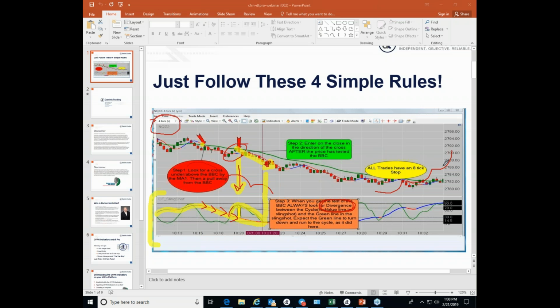That's why I said the trade setup exists in the slingshot, because here's what we expect to happen. The green line is going to pull away and close the gap, pull away, close the gap, and repeat itself until the cycle turns blue. Then we're looking for bullish opportunities, and now the green line is below the cycle, pulling away and closing the gap.